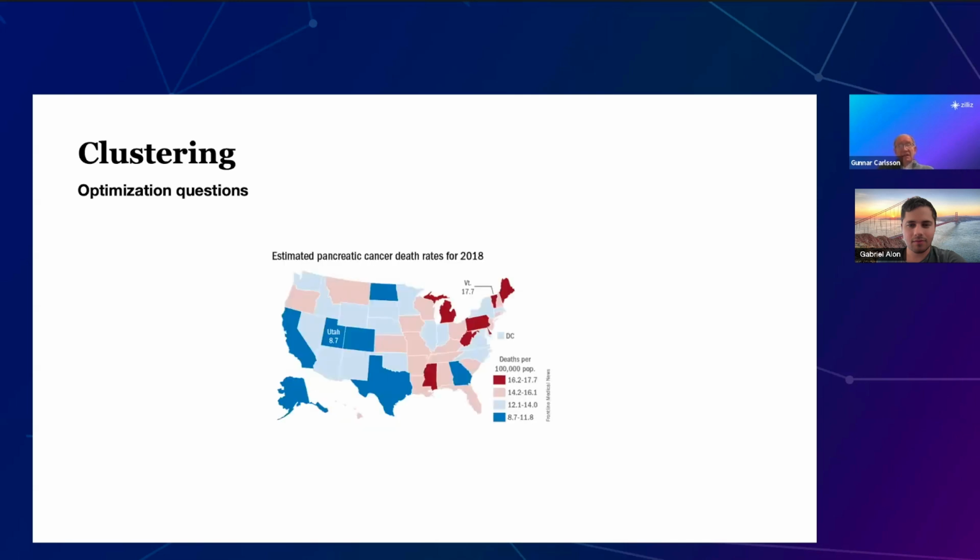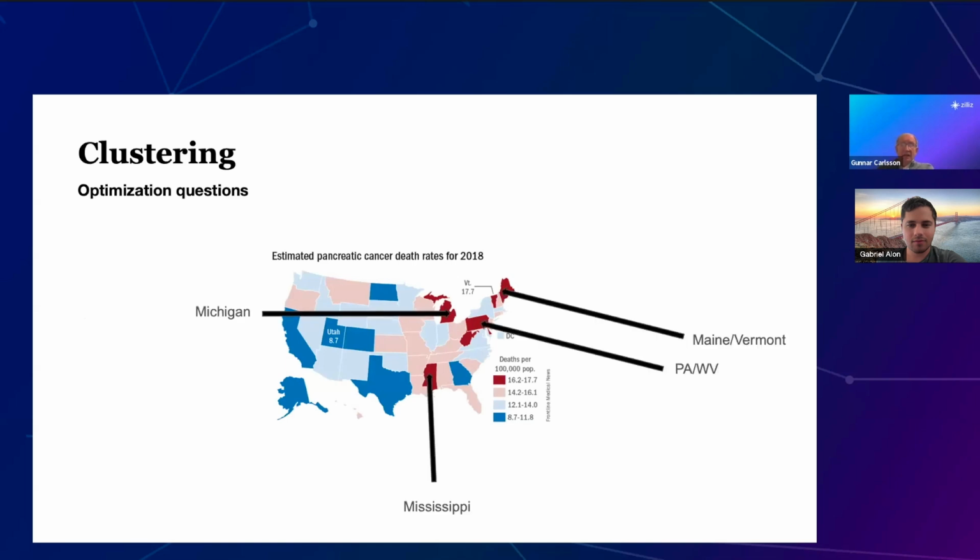So here is the map of the US, and the states are colored by death rate per 100,000 population from pancreatic cancer. You can see there's a spread, but there are several red groupings in the eastern part of the country. You can see there's Maine, Vermont, Michigan, Pennsylvania, West Virginia, and Mississippi.